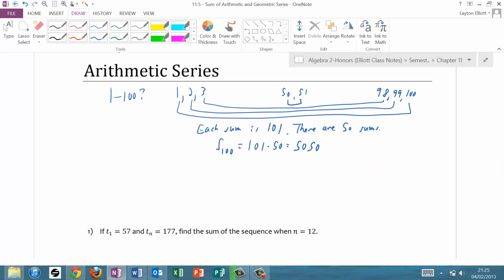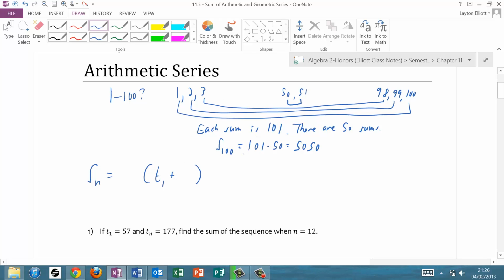The formula for this is pretty simple, and I can generalize it right now. S of n for an arithmetic sequence is equal to the first term, which we'll denote t of 1, plus the nth term, if I'm taking the sum of the first n terms.